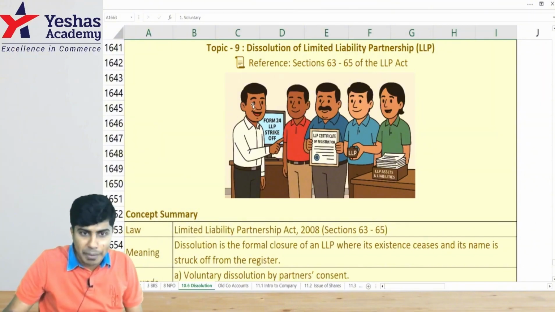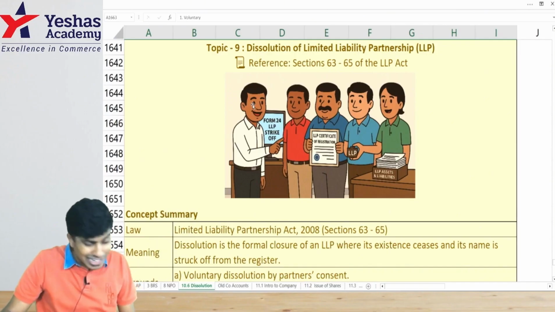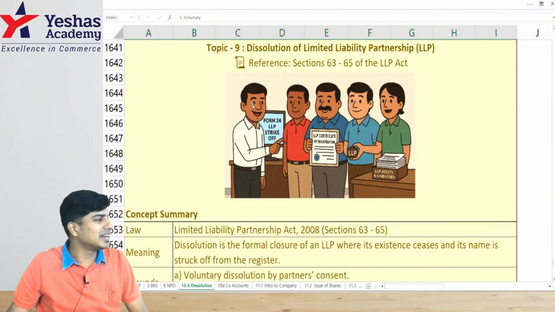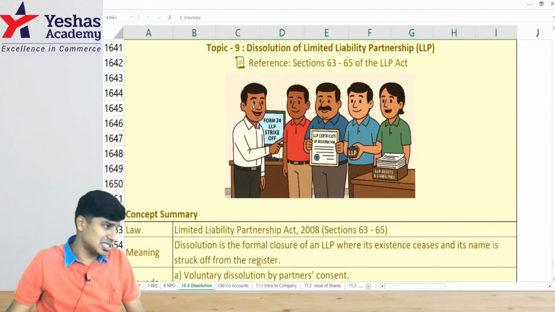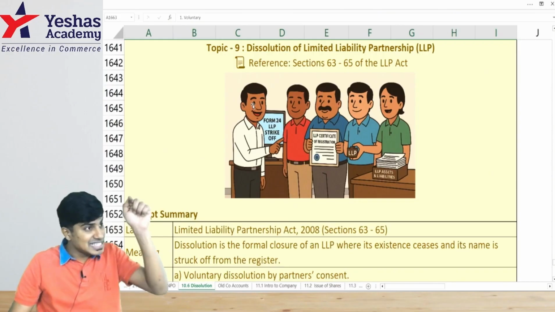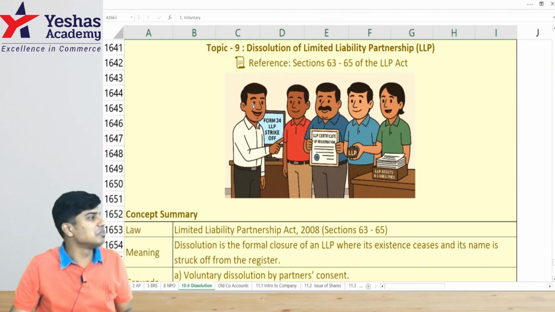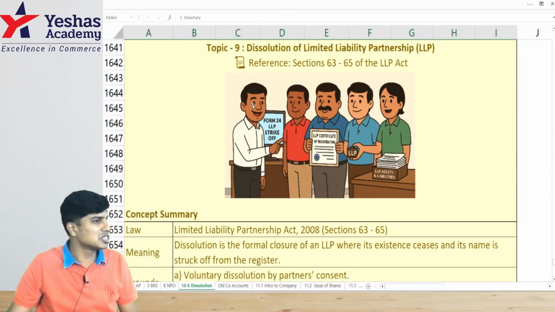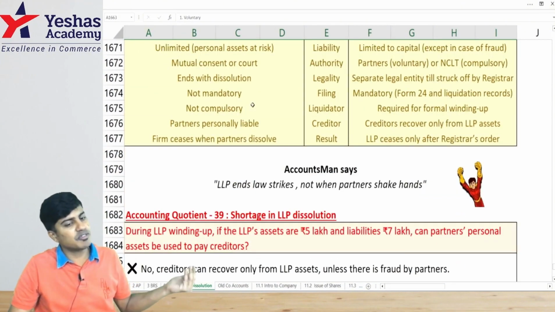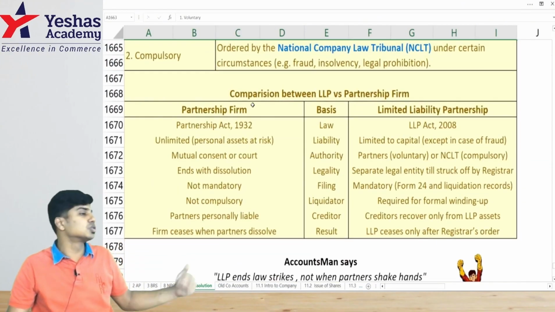Personal assets of the partner are not liable to pay the debts of the firm. In no case will they bring in their personal assets money unless it is their default, their willful misconduct, because of which the firm is going into this situation. In that case, they can be sued. Otherwise, the personal assets of the partner are not liable to pay the dues of the firm.